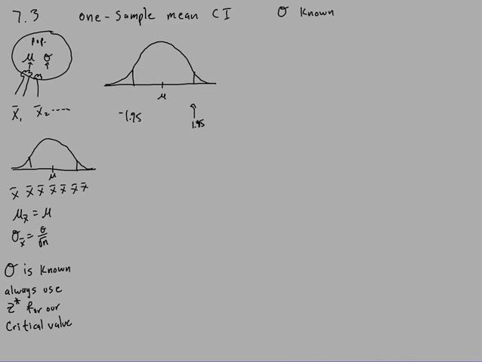And if I randomly took an X bar from here, a sample of a certain size, let's say that sample fell right here, we would catch mu. Mu would fall really close. We caught it, okay? So this would be your lower limit, and this is your upper limit of your confidence interval, because this is what we're trying to capture, okay?